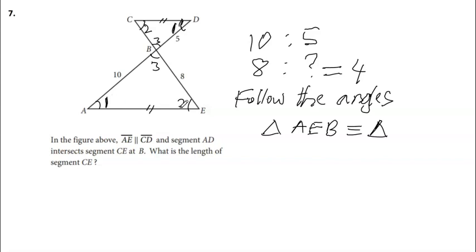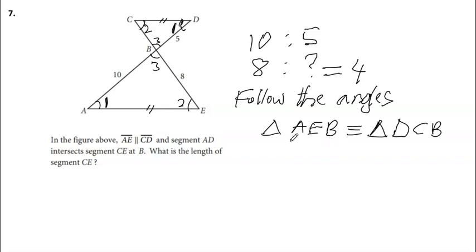So we're following 1, 2, 3. So it's similar to D, C, and B. And you notice that because I follow the angles, the letters don't necessarily follow.